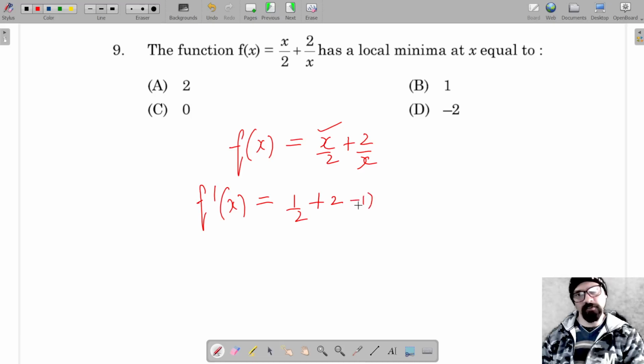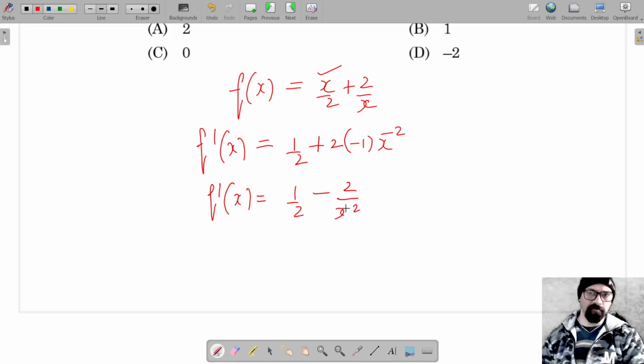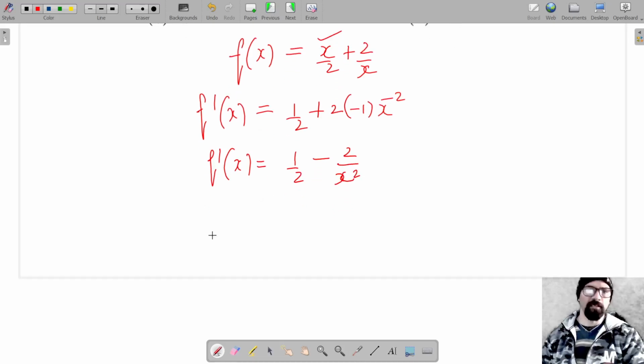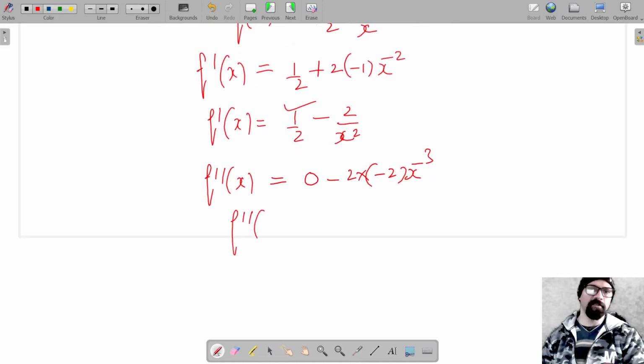So this is negative 1 into x raised power negative 2, which gives me f dash x is equal to half minus 2 upon x square. Now let's find out the second order derivative. Differentiation of half is 0, minus 2 into x raised power minus 2 gives x raised power minus 3. So the second order derivative is 4 upon x cube.